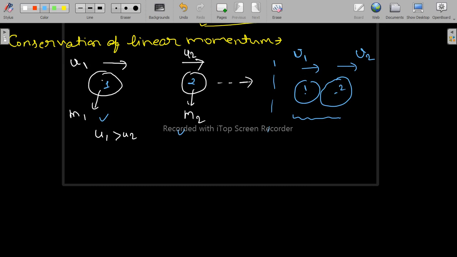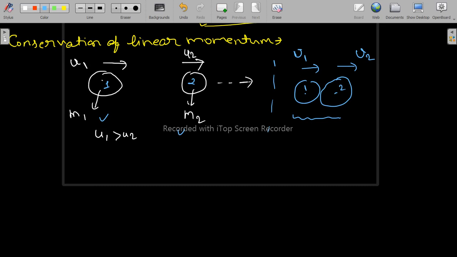What is the third law of motion? Can you repeat the third law of motion which we discussed yesterday? Yes, to every action there is an equal and opposite reaction.